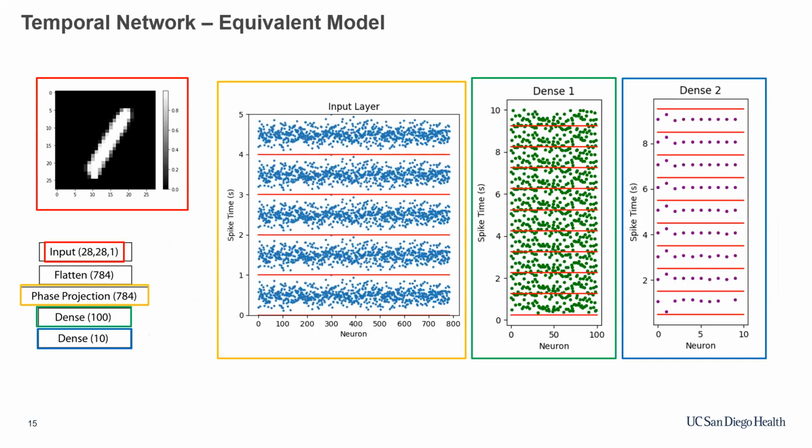This is an example of what it looks like when you do that, from work we published a little while ago, where you take this real valued input image and convert it into an FHRR symbol just by random projection, and then you get this input layer of spikes, this hidden layer of spikes, and the output layer of spikes, unrolled through time.